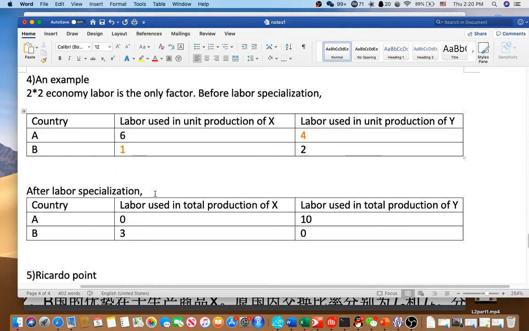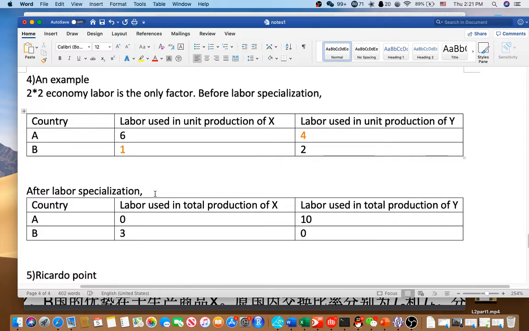After the labor specialization, the world labor consumption stays the same at 13, but A produces Y, 10/4 units, that is totally 2.5.